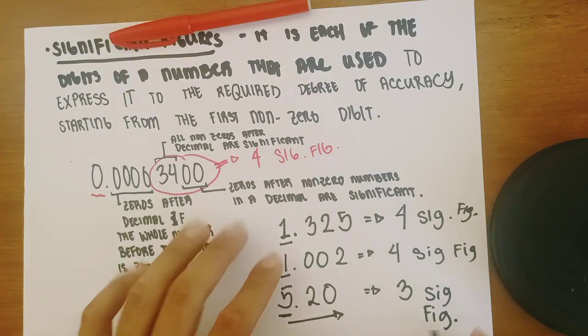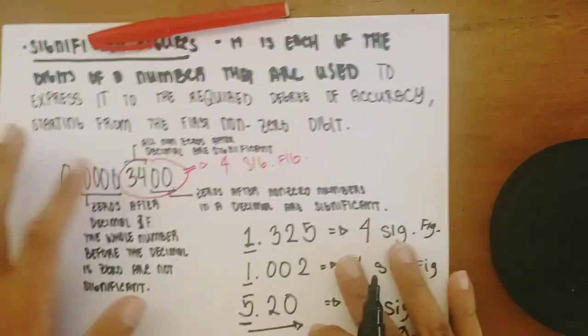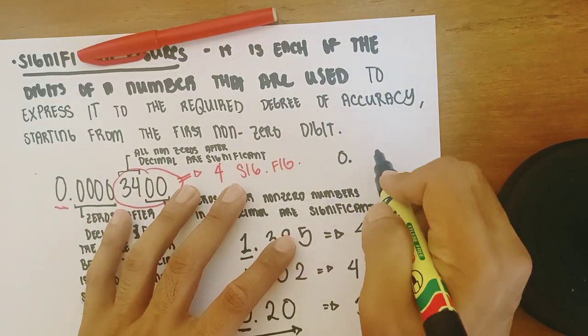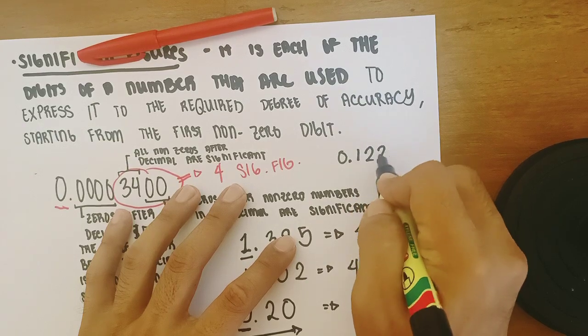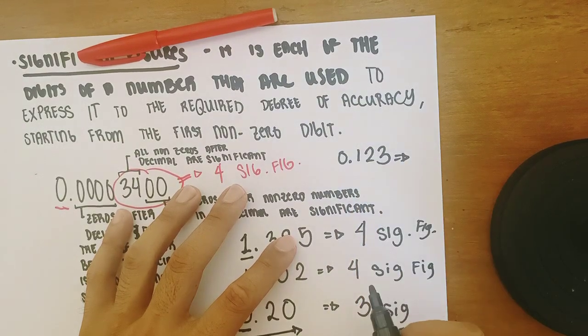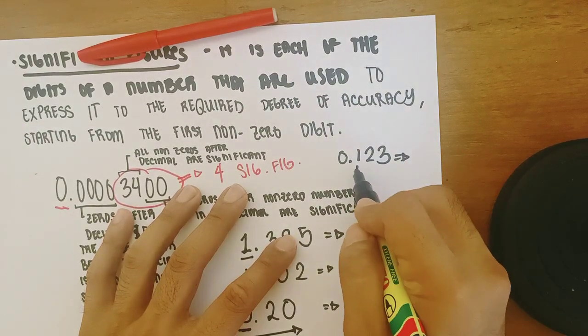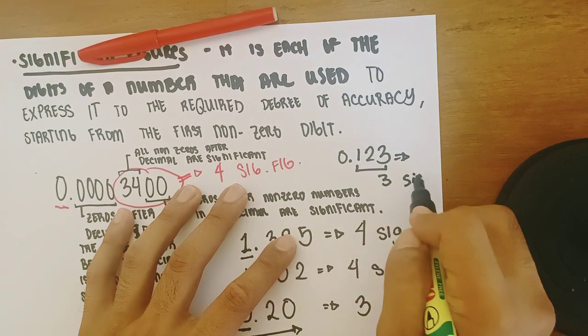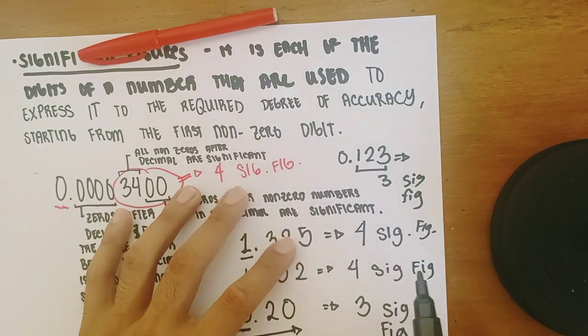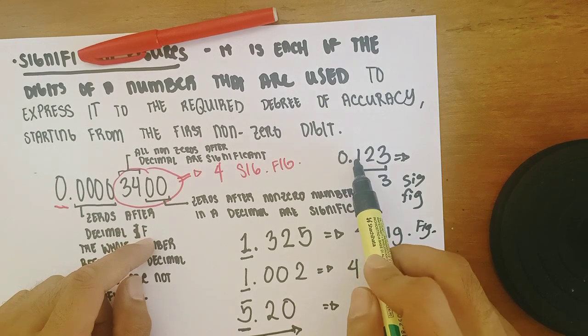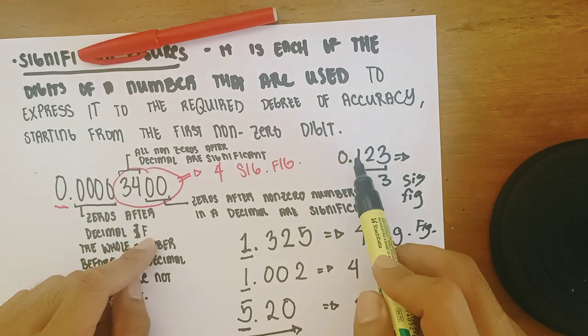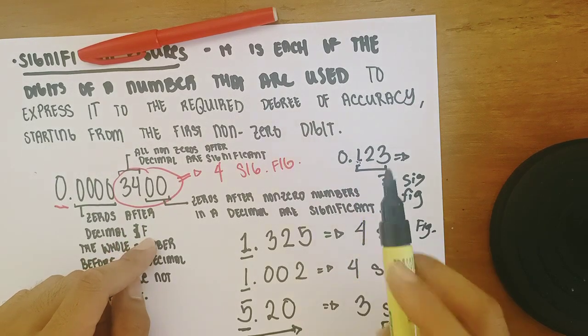Pag sinabi naman natin 0.123, 3 significant figures. Kasi, yung sumunod is 0, is not a non-zero. So, 1, diyan tayo magsisimula.